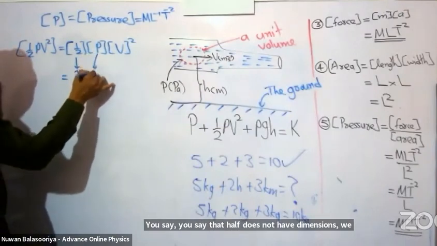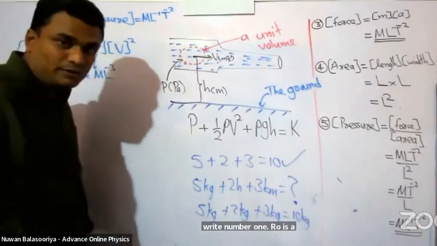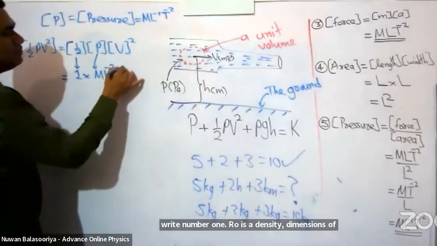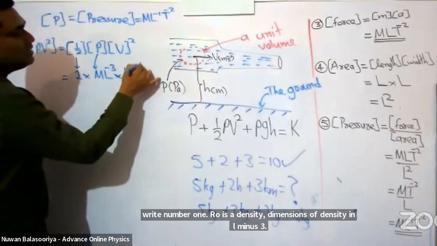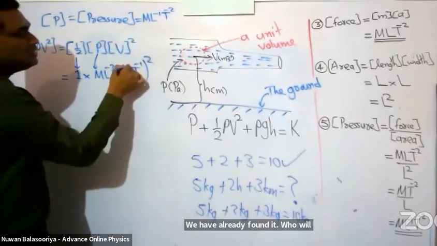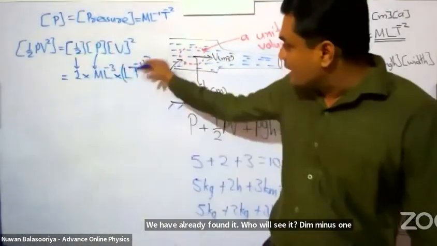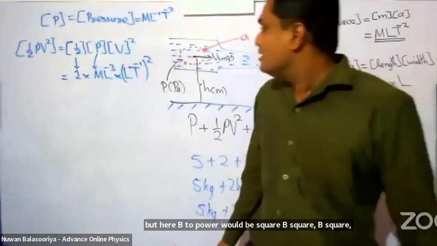Rho is a density, dimensions of density ML minus 3. We have already found it. Velocity, dimensions of velocity LT minus 1, but here v to power 2, v square, right? So therefore you should get LT to power minus 1 square.